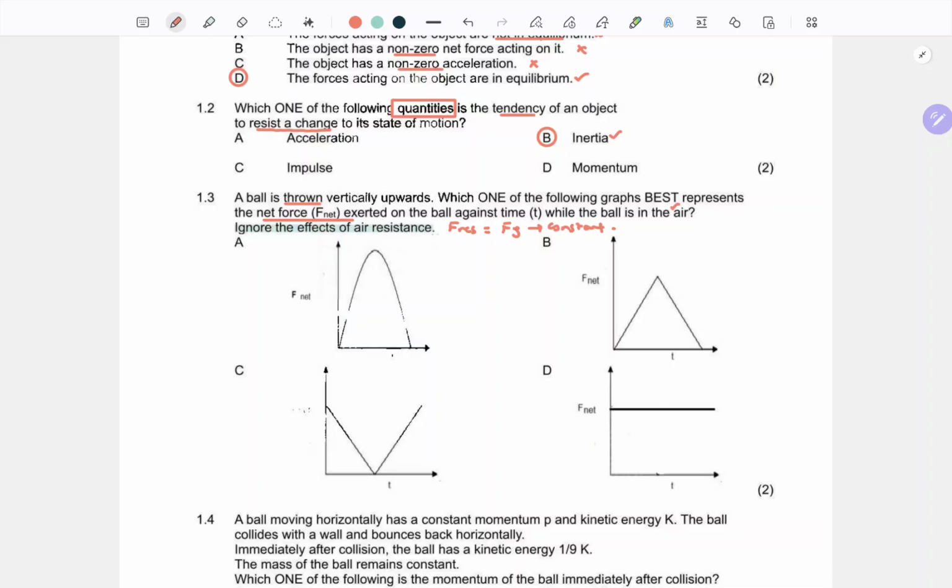Right, so this graph says, well, we're going up and we're going down in a parabolic fashion. This is not possible. We don't really change direction. Same idea here. We don't really change direction here. And of course, let's see.